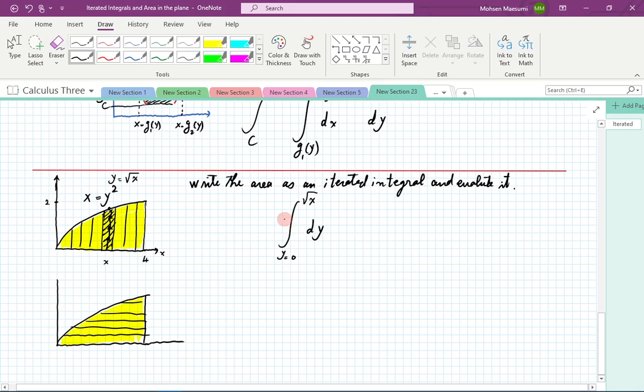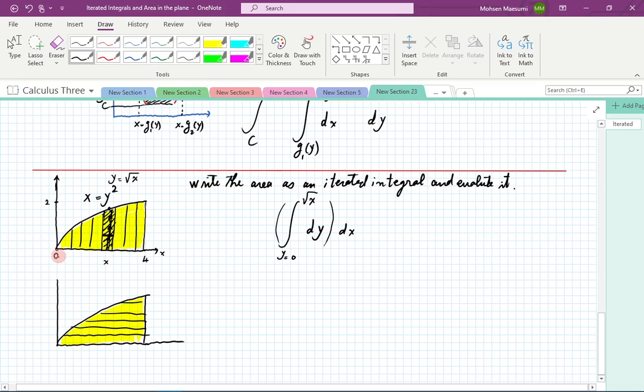Okay, next, my leftmost slice in this picture starts at 0 and goes as far as 4. So I take this height, the height of the rectangle, multiplied by dx. When I take the height multiplied by dx, I have the area of that particular slice.